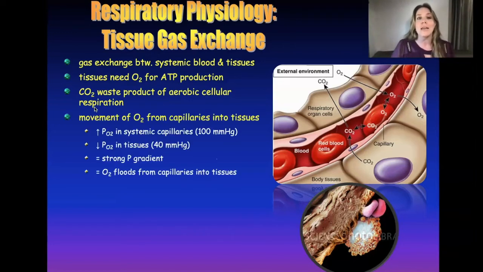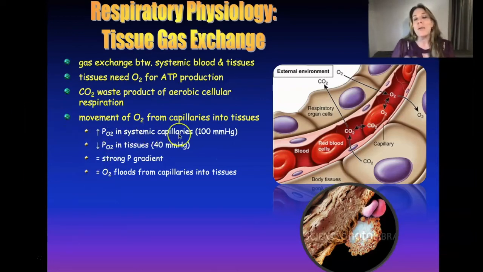So how is that going to happen? Let's just look at oxygen first. The movement of oxygen from the capillaries, where it traveled to because of the lungs unloading the oxygen into the blood, and how we're going to get that oxygen into the tissues. So this comes back to those pressure gradients as well as solubility.